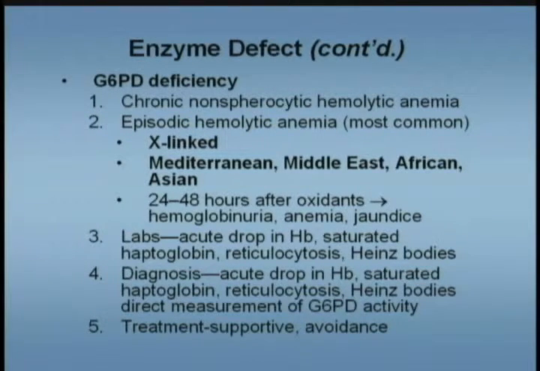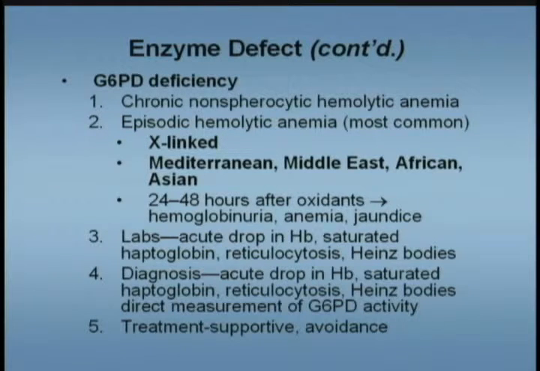Also, certain medications can trigger G6PD and cause the hemolysis. Look for an acute drop in the hemoglobin because they start hemolyzing very quickly. You can see Heinz bodies on the peripheral smear. They will have reticulocytosis, again because it's a problem in the circulation, not in the bone marrow.